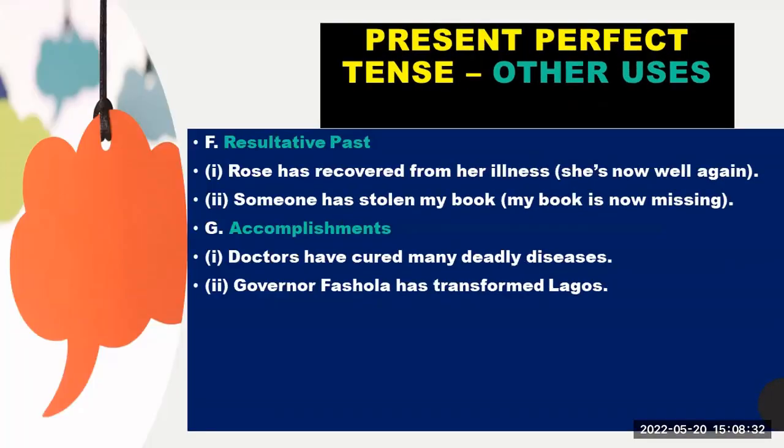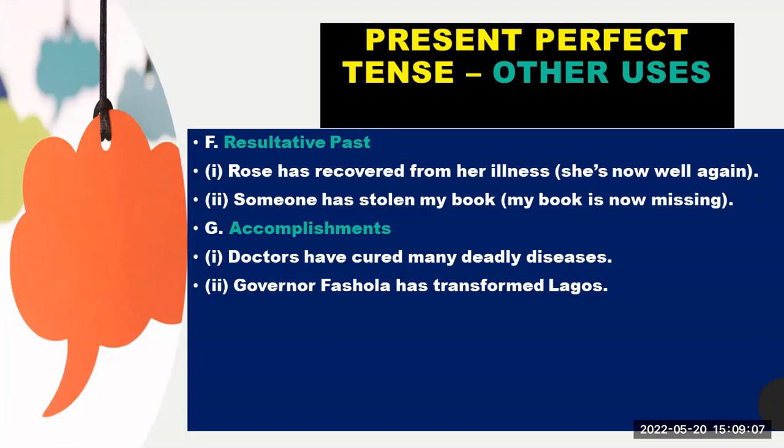Yet other uses, we look at what we call resultative past, an action that occurred in the past, but the result is what we can see in the present time, and that makes us remember that such an action happened in the past. For example, Rose has recovered from her illness. We remember that Rose was ill some time ago, but now that we see her, she looks well again.